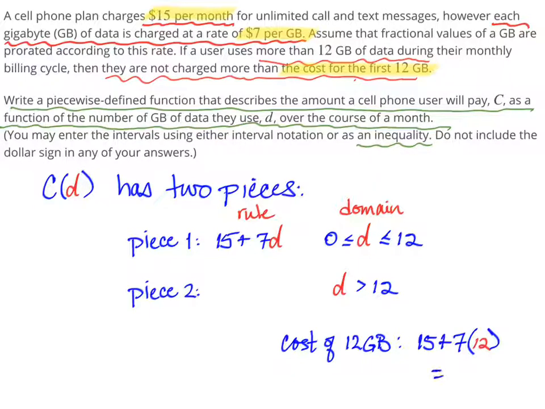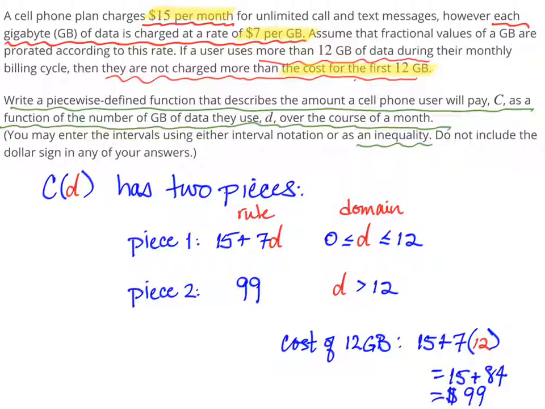And so that turns out to be 15 plus 84, or $99. So if you go over 12 gigabytes, it doesn't matter how far over, you're just going to pay $99 that month. So the rule for piece 2 is just 99.